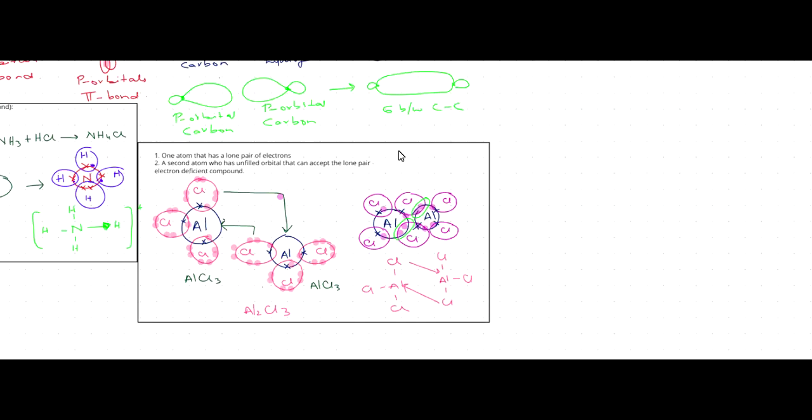And then we can have a covalent dative bond as well. So we can have three types of covalent bonds. Technically, we can also have a triple covalent bond, which will have one sigma and two pi.